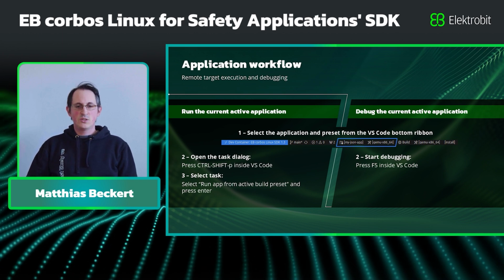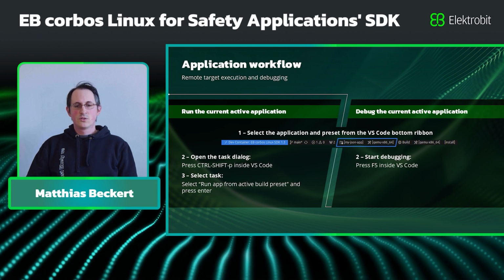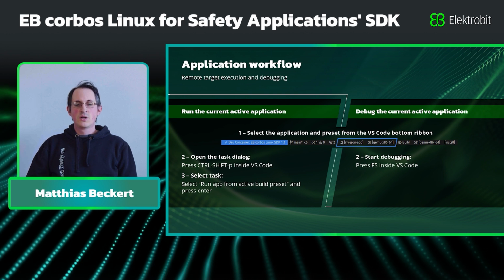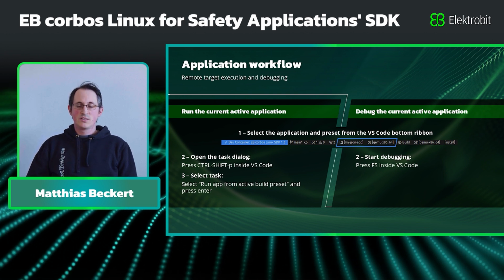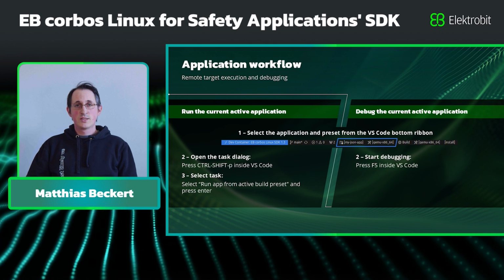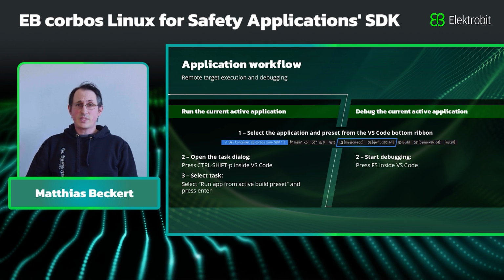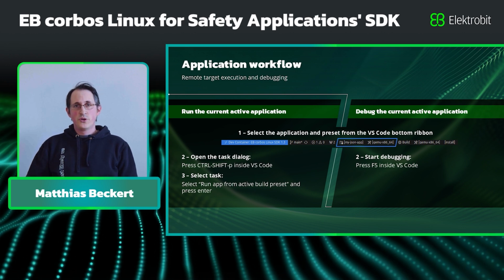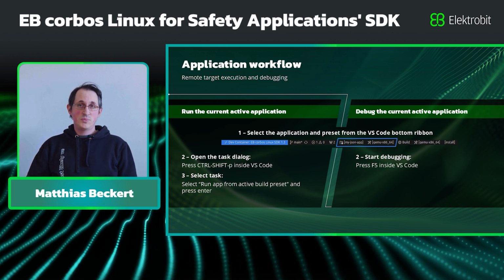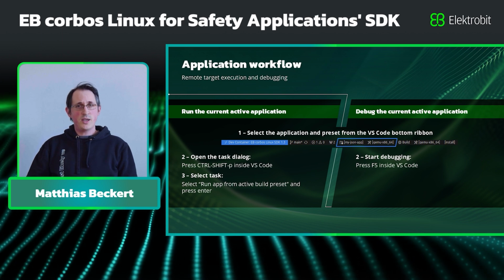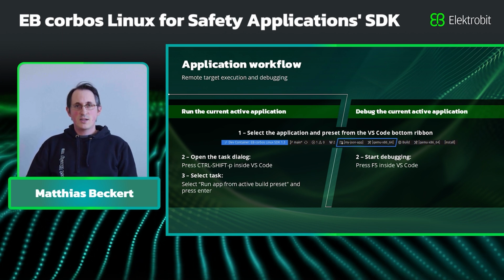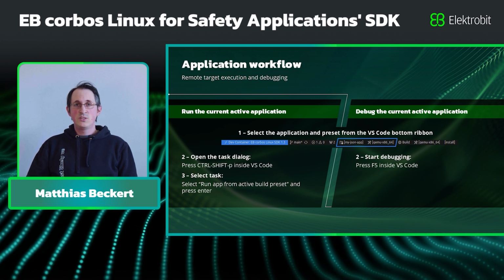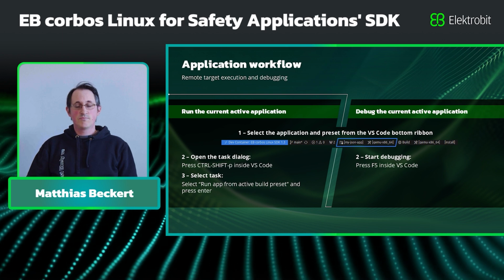For running the application, the only thing we need to do is now press Ctrl+Shift+P inside VS Code and use the corresponding Run App from Active Build Preset task to fire up the SSH command, and then everything is happening automatically and the application will be started on the target. For the debug session, it is even easier because you only have to press F5, which will toggle the debug session in VS Code, which then will automatically start the GDB server, and also deploy the application.